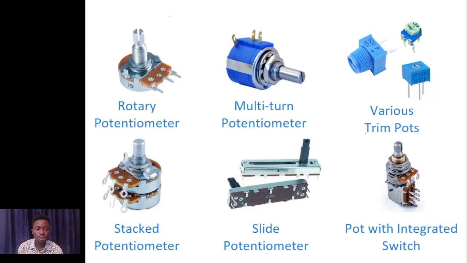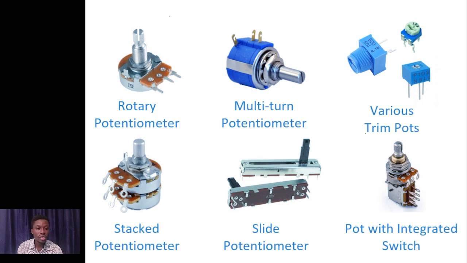Like resistors, potentiometers are available in a wide range of resistance values, tolerances, sizes, and current and voltage ratings. Now let's proceed. I'm going to show you the different kinds of potentiometers that we have. The rotary potentiometer, and the multi-turn, which means that you can turn it multiple times.